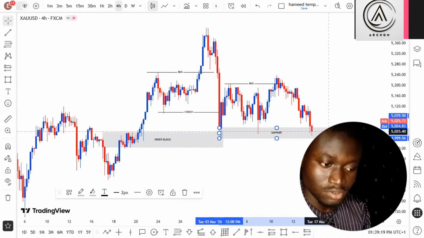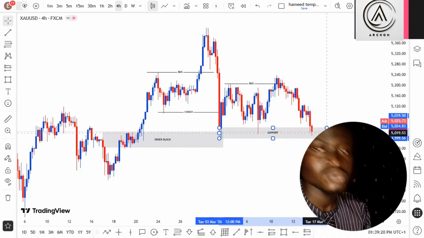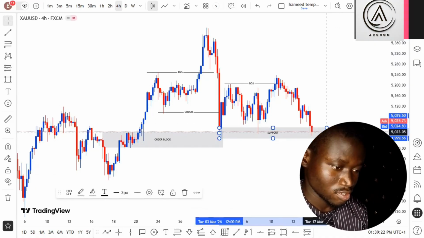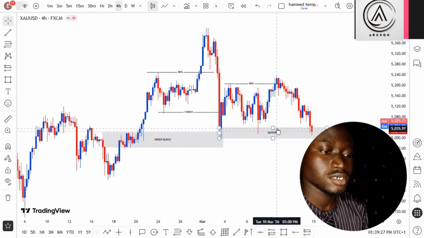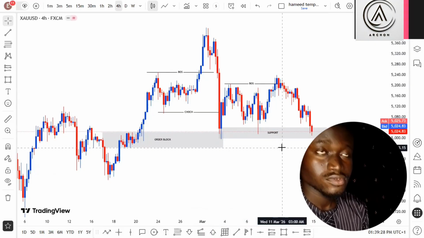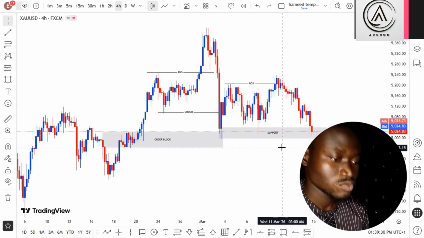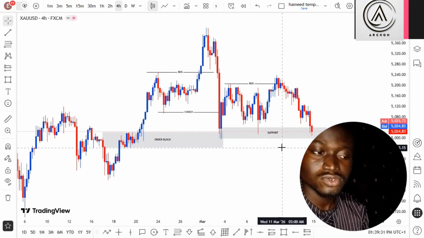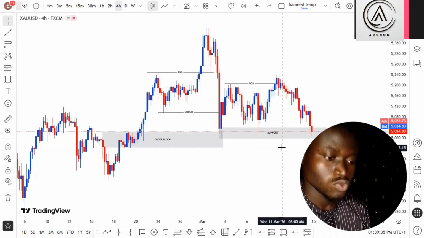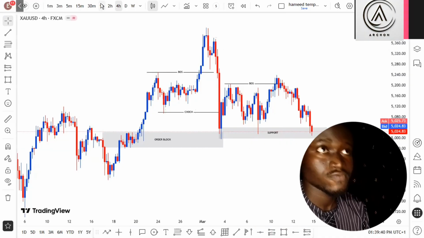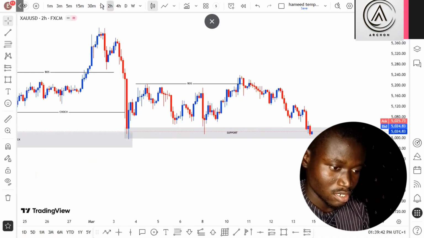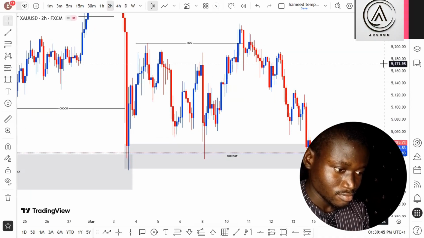Since we have this support zone, what will be the next move? What should we look out for? A support zone means the market probably wants to move to the upside. So now we come to a smaller time frame to look out for what is really happening there.